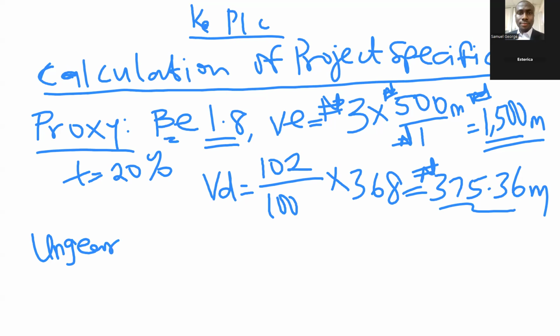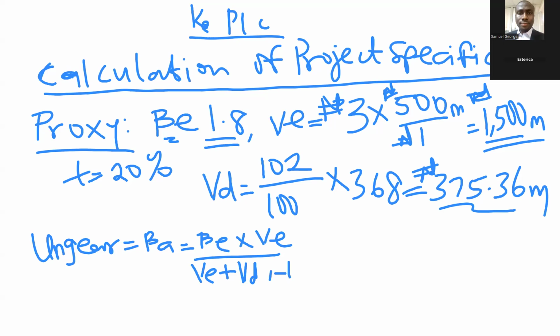We want to turn it to beta asset. So we need the formula for beta asset, which is beta asset equals beta equity times value of equity divided by value of equity plus value of debt times 1 minus T, that's the tax rate. We don't have beta debt, so the other side of the formula becomes 0.